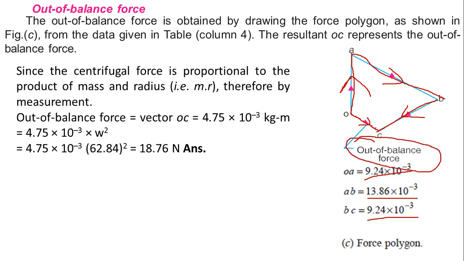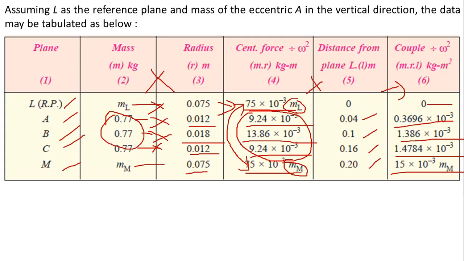If you consider all the things, it is a balanced condition. But this value is actually the out of balance force with respect to these two together, because as they are unknown, we will not be able to find these two together. So he has told us to find this out of balance force.